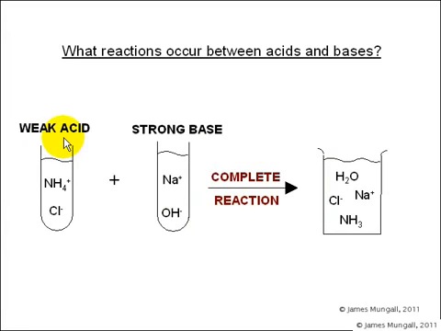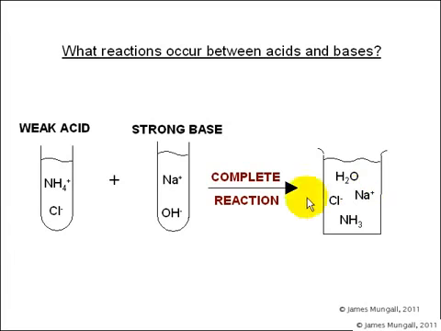If we have a reaction of a weak acid with a strong base, then the reaction involves, for example, here I've got the weak acid NH4+ reacting with hydroxide to form water and NH3. The Cl- and Na+ ions are spectators, as always.